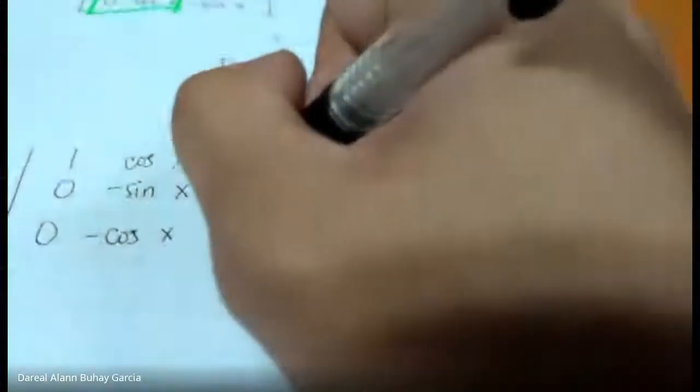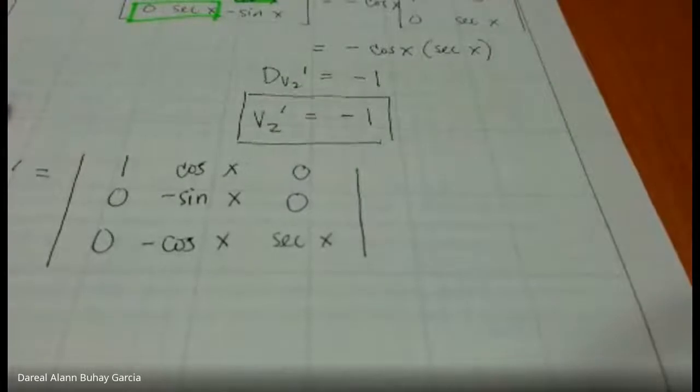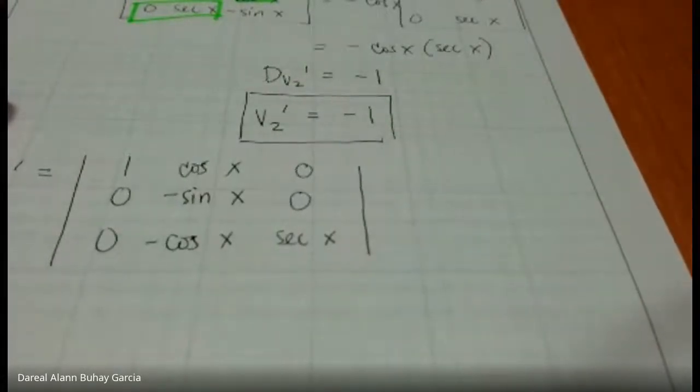Replace ang last column with the right-hand side, 0, 0, secant x. So for the sake of illustration, I'm going to choose the middle na row. So 0, sine of 0. So unsay sine ni sine x? Minus plus minus man yun, di ba? Negative. Okay lang. Negative gyapon.